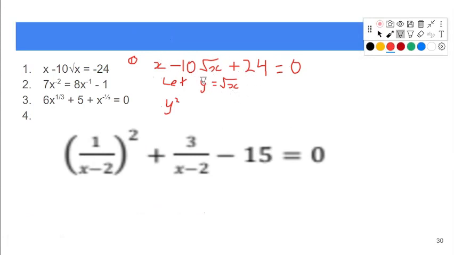So if we square y, we get x. Wait, what? Confused myself there. Sorry. If we square root x, square root x, we get x. So therefore y squared is equal to x. Yeah, I said it incorrectly before, sorry. So we get y squared minus 10y plus 24 is equal to 0. And this is a more familiar form.